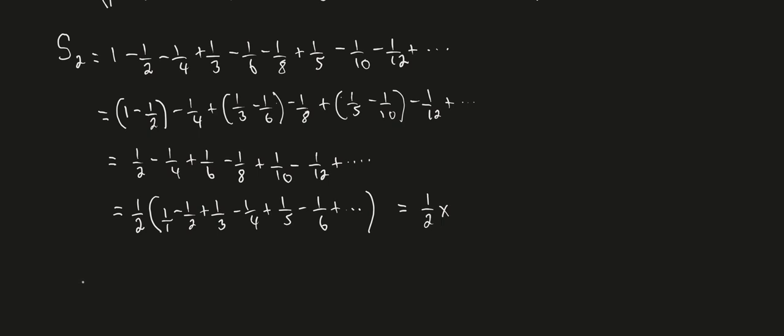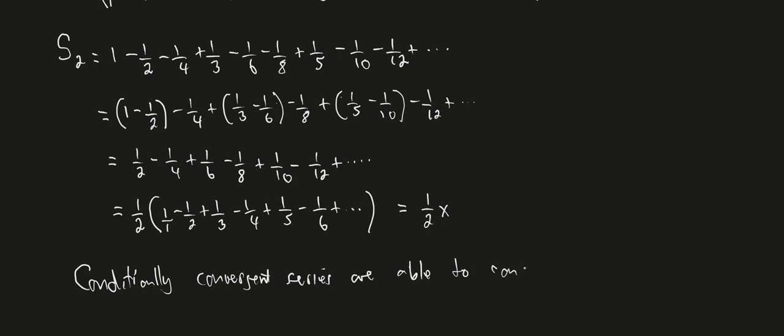This is a big result in an area of math called analysis, and it says conditionally convergent infinite series are able to converge to different real numbers by changing the order and by changing the grouping.